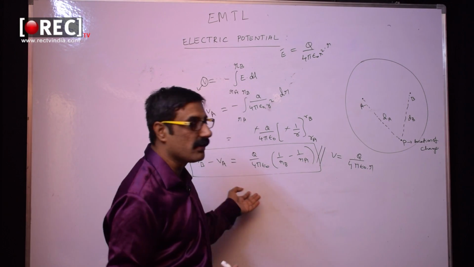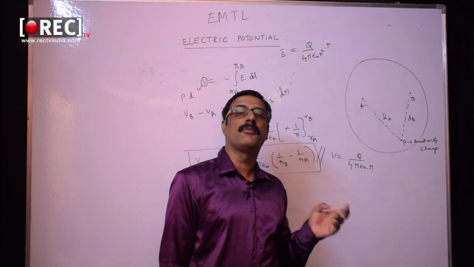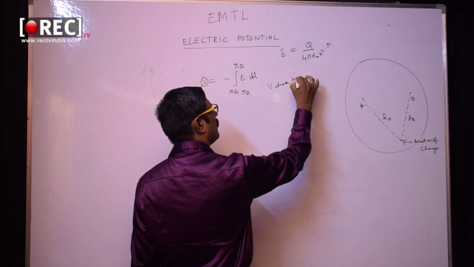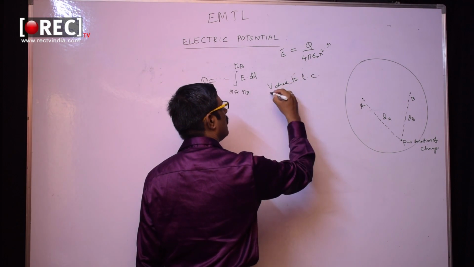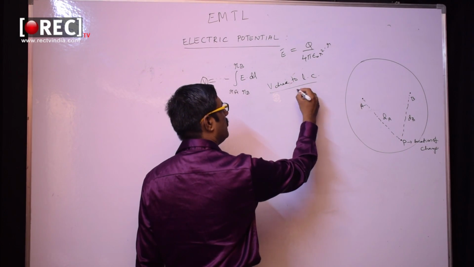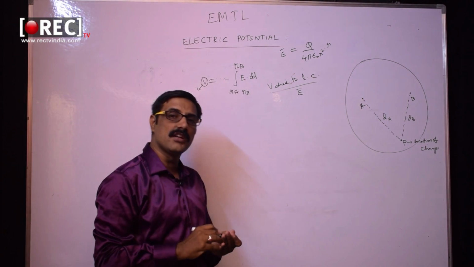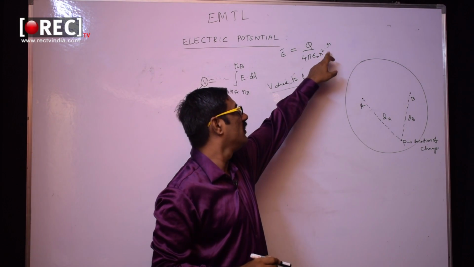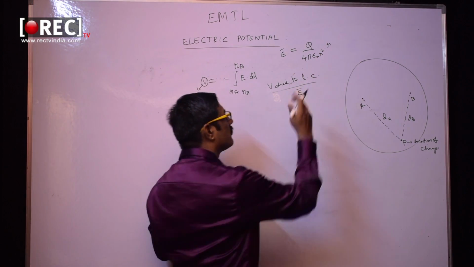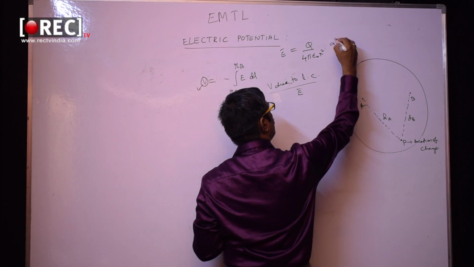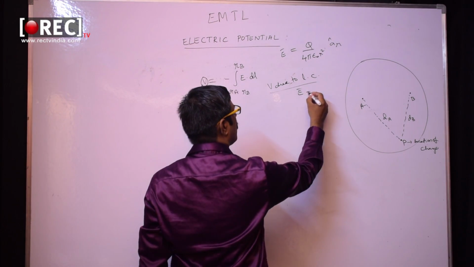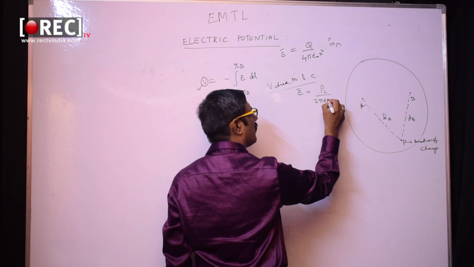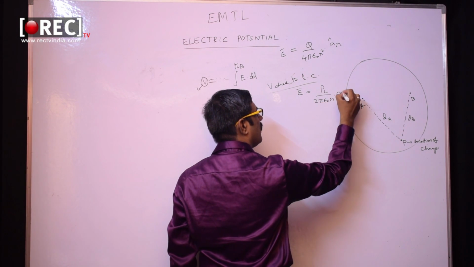Before going to problems, let us evaluate the expression for potential difference due to a line charge distribution. Due to a point charge, E bar is given by Q by 4 pi epsilon naught R square into AR cap. Here, E bar is, if you remember, rho L by 2 pi epsilon naught R into AN cap.